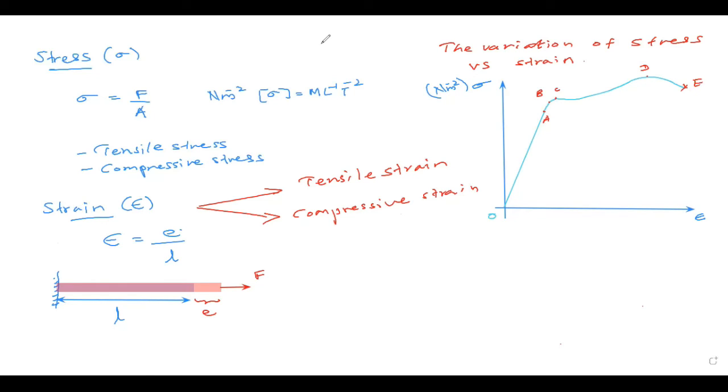Let us state what these points are. The graph varies linearly up to A, so A is called the proportionality limit.